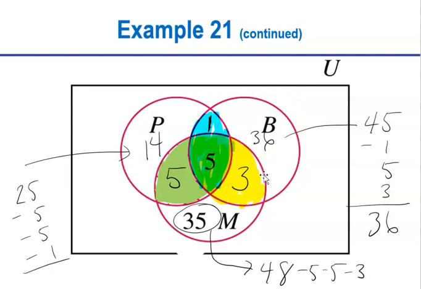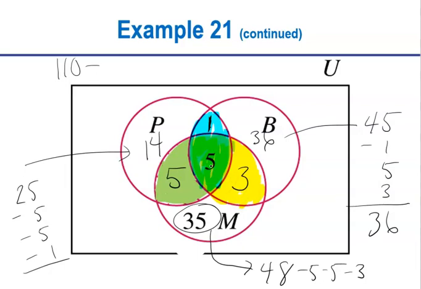Of course there are, right? So I need to do 110 minus all of these numbers, right? So minus 14, minus 36, minus 35, minus 5, minus 1, minus 3, minus 5. So I'm going to subtract every number that's in that circle. My advice is to do that in some organized manner.